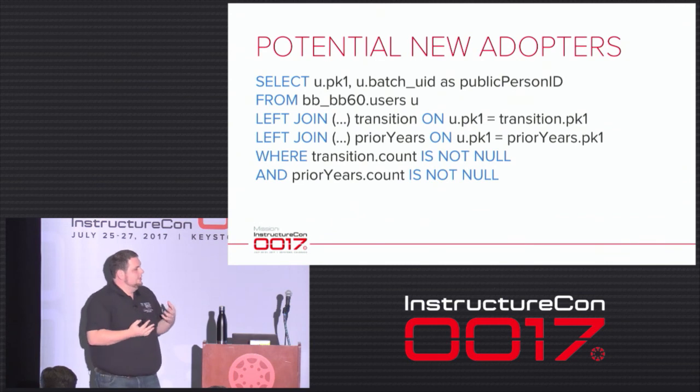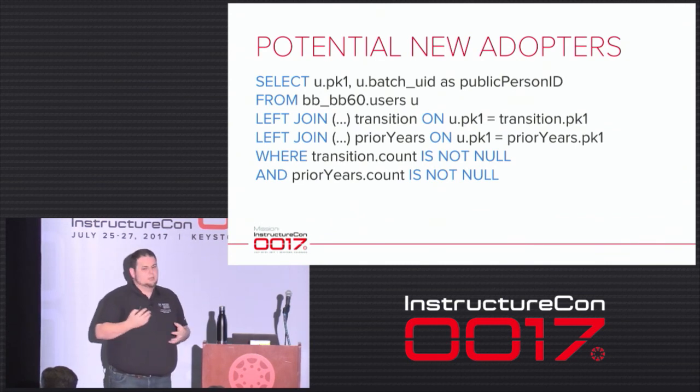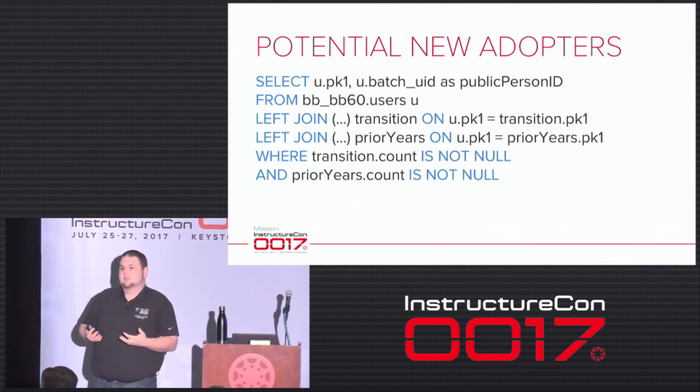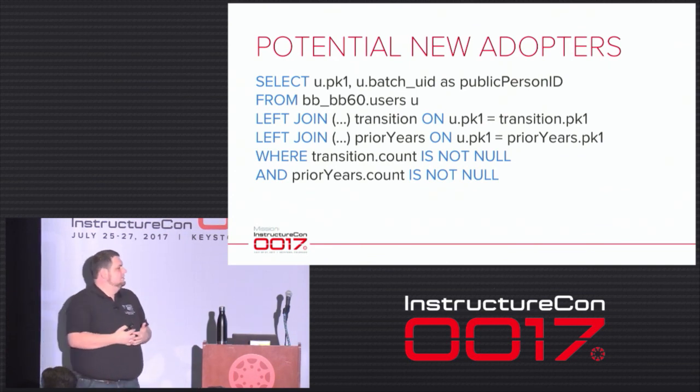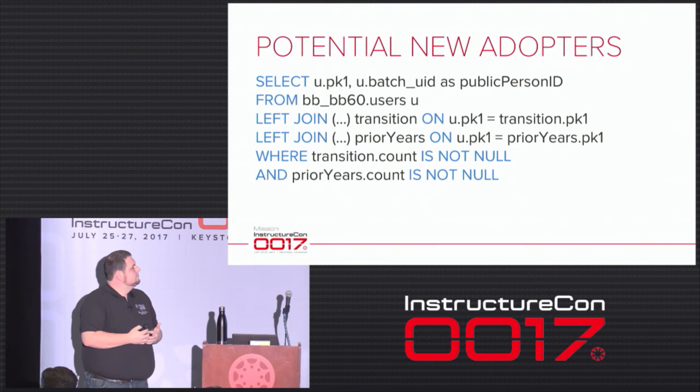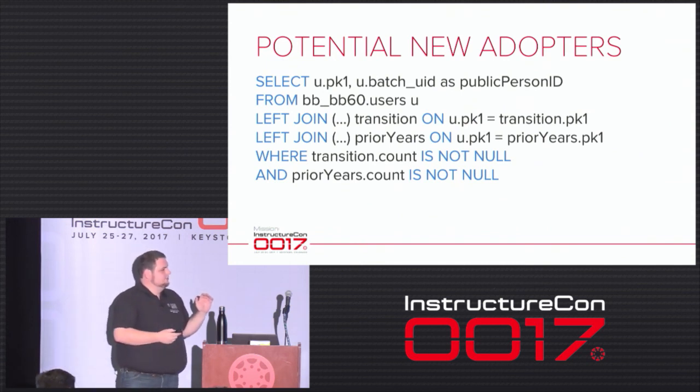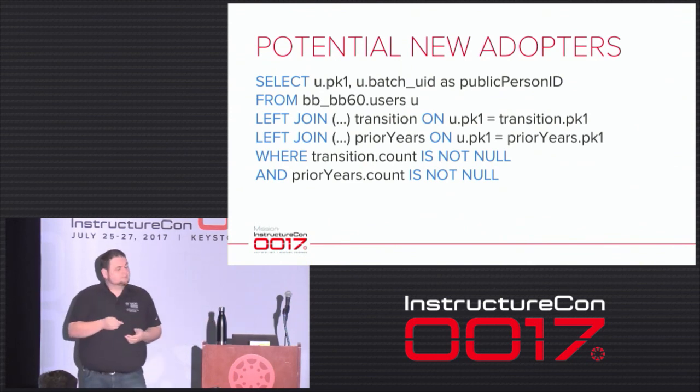And then those go into a larger query where I find people who are potential new adopters of Canvas because they had not adopted it, by grouping the users and then left joining the transition year and the 2 years prior as separate tables, and finding non-null counts. I was finding those people.